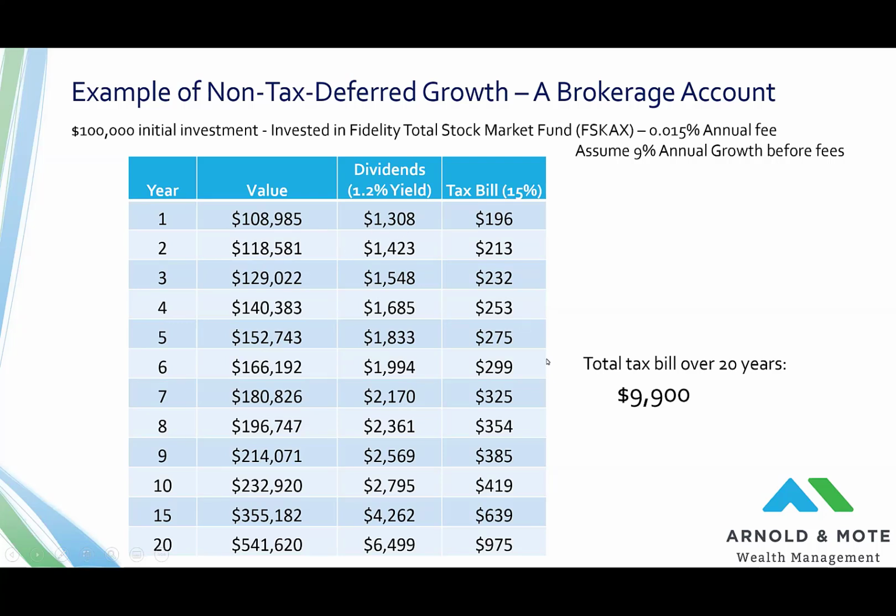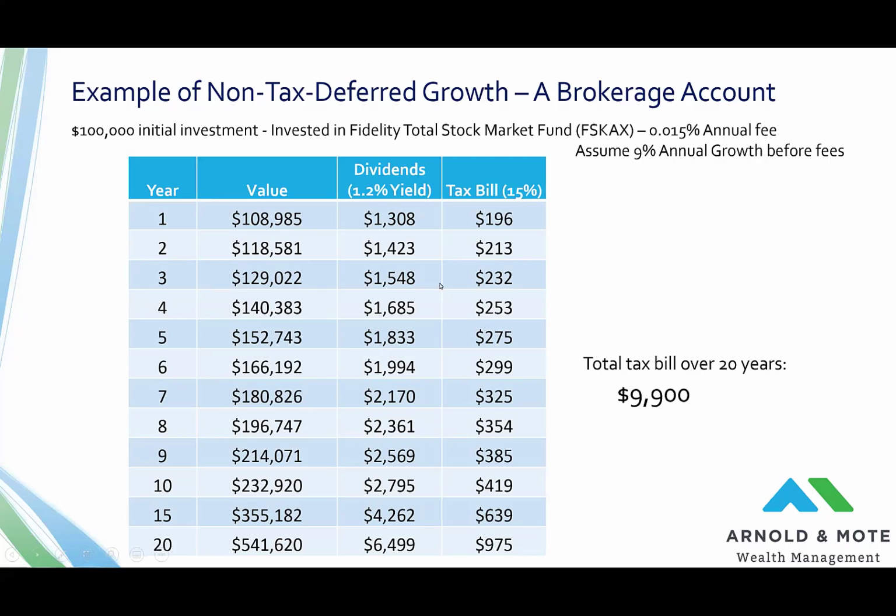And so over time, you're getting what the insurance industry calls a tax drag, just meaning that you're being forced to pay some taxes. A little bit of this money has to come out every year to pay that tax bill, and that causes a drag on the growth that you could get.